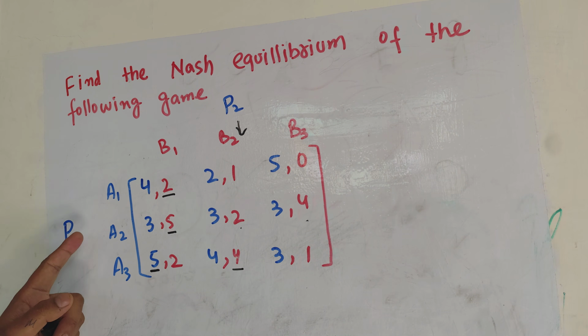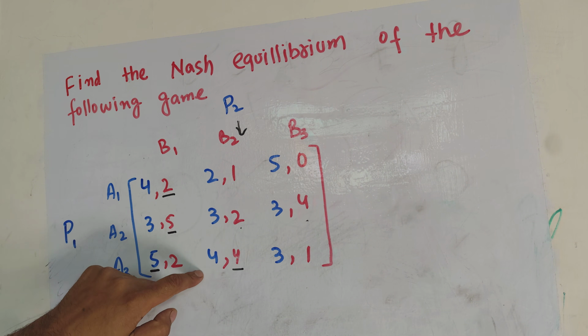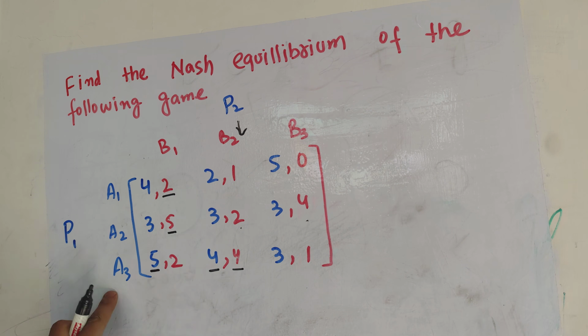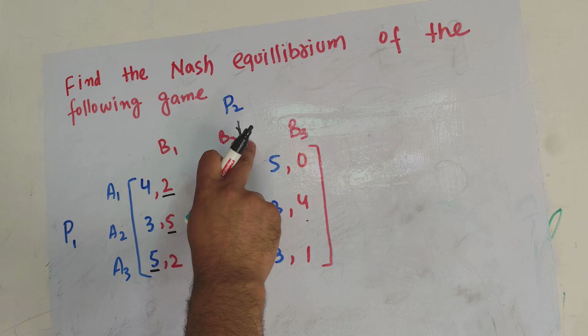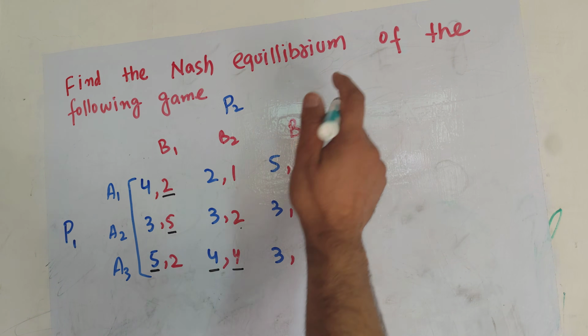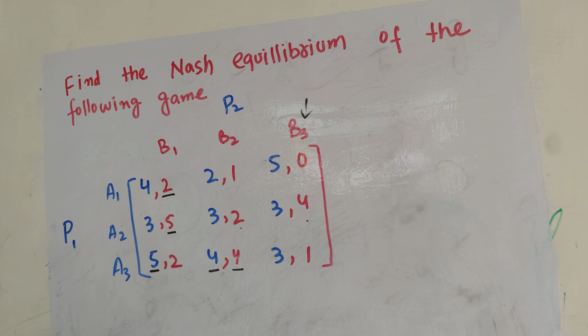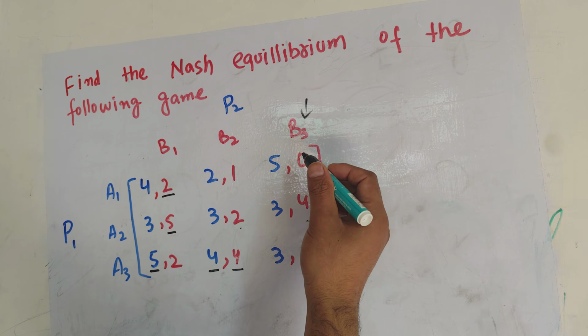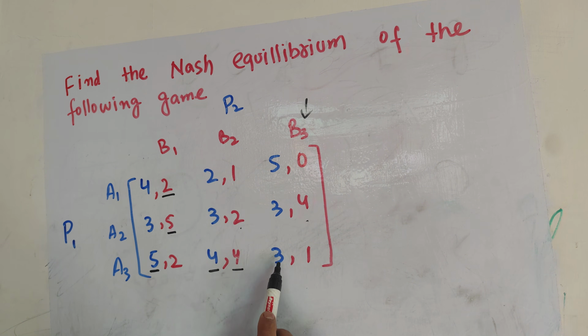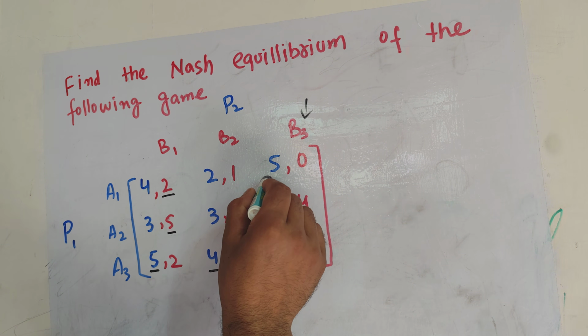Again, player 1 has three options, 2, 3 and 4. Obviously 4 is the highest among them, so he will choose strategy A3. When player 2 chooses B2, the best response of player 1 will be to choose A3, which gives him 4. Similarly, when player 2 chooses B3, again player 1 has three options, either to choose A1, A2 or A3. Here you can see A1 gives him the highest payoff.